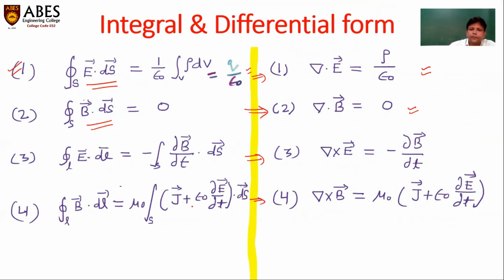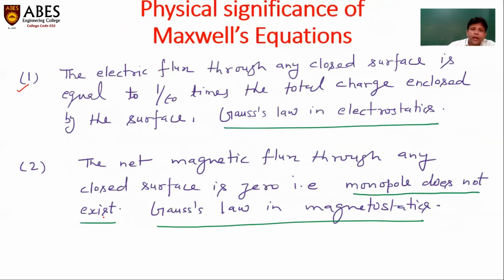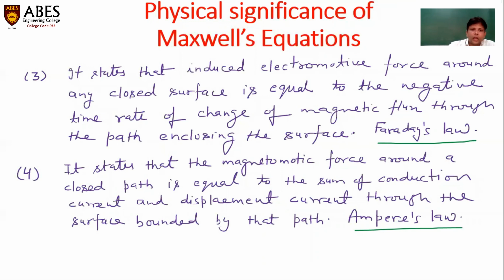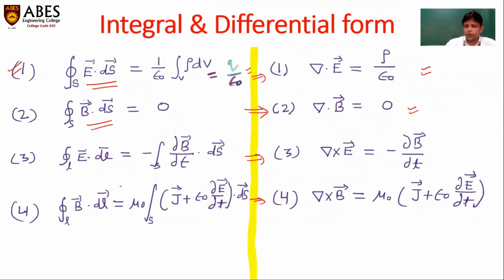The fourth one is the line integral of magnetic field: the magnetomotive force around a closed path is equal to the sum of conduction current and displacement current through the surface bounded by that path. This is known as Ampere's law, or the modified Ampere's law.